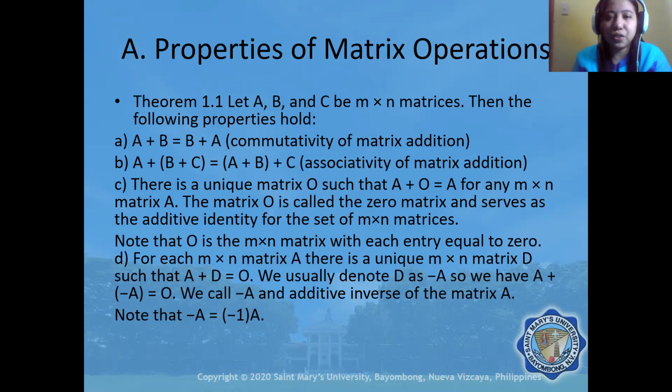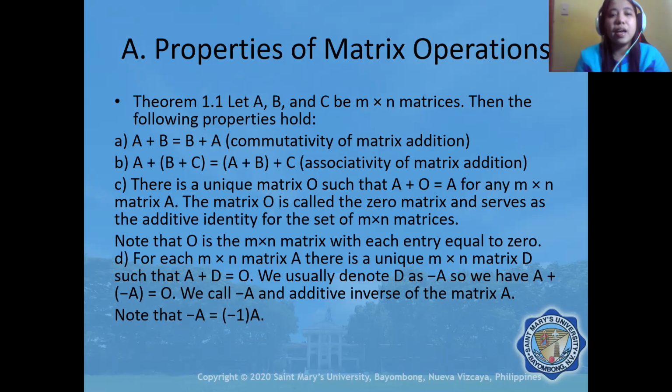Okay, so let us now consider the different properties of matrix operations. Theorem 1.1 states that if we let A, B, and C be M times N matrices, then the following properties hold.